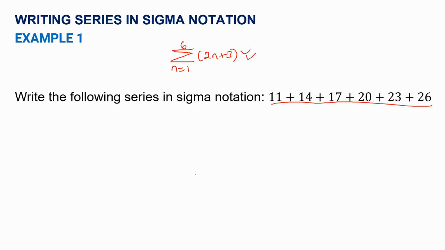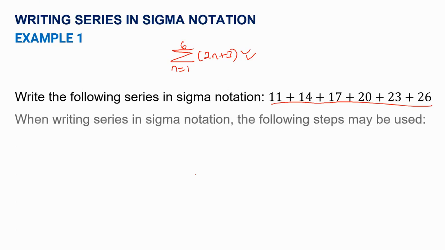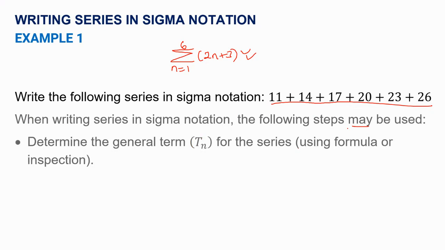I'm going to give you just a few steps to follow, and then after that we go to examples. So when writing series in sigma notation, the following steps may be used. Find the general term for the series. You may be using the formula, maybe for the arithmetic sequence or geometric sequence, or even just by inspection.